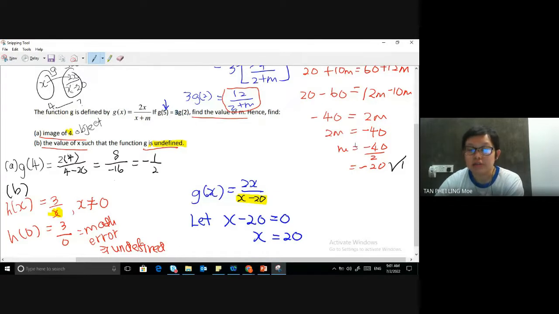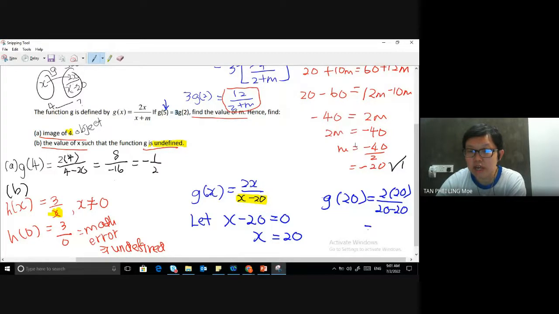Then you know that x equals 20. So that means when x is 20, the function g is going to be undefined. You can try it out by putting g(20), where you have 2(20) over 20 minus 20.